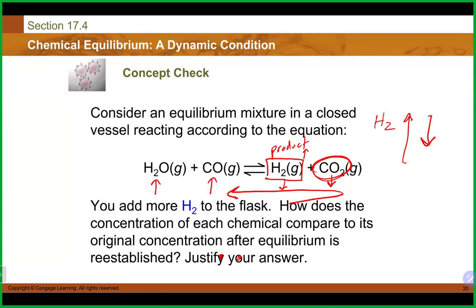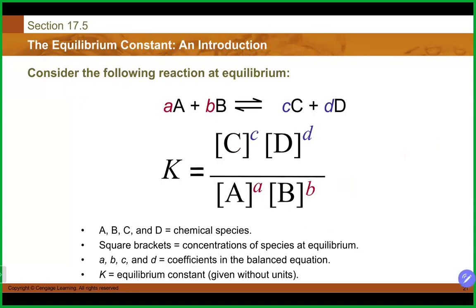All right, so let's take a look at some of these things here. One of the relationships that we see with equilibrium is a really important relationship, and that is capital K. Capital K is the equilibrium constant.